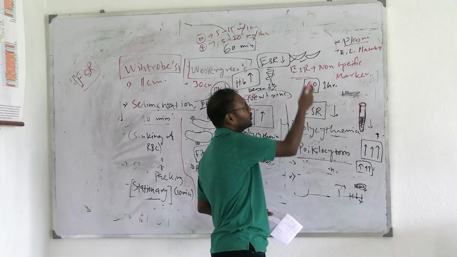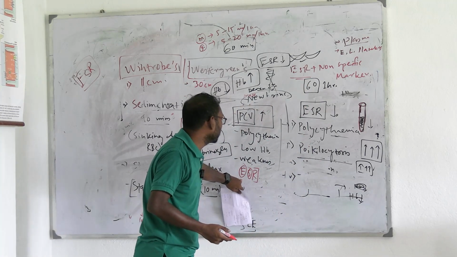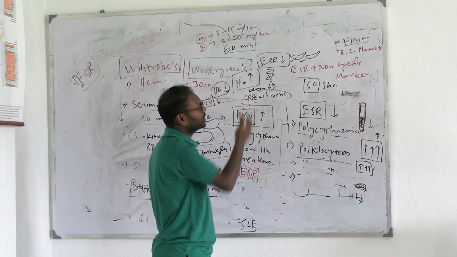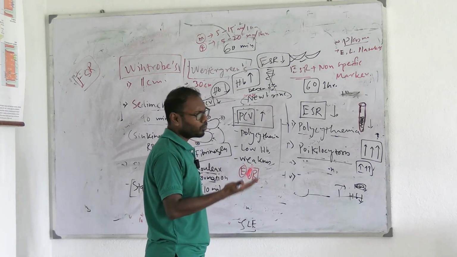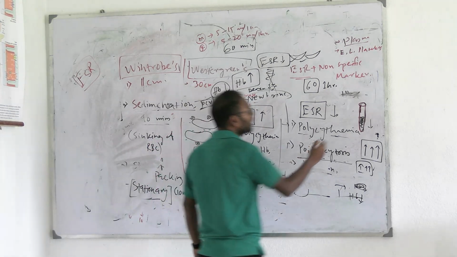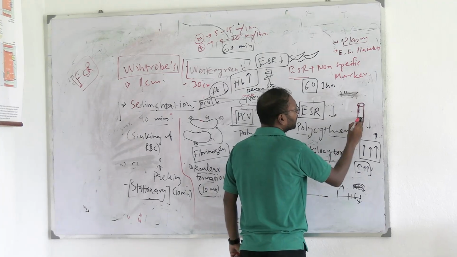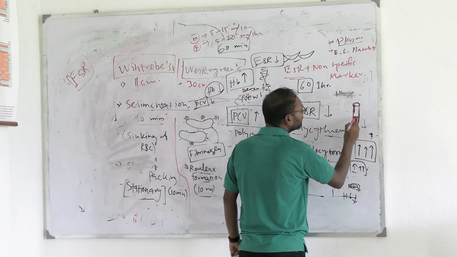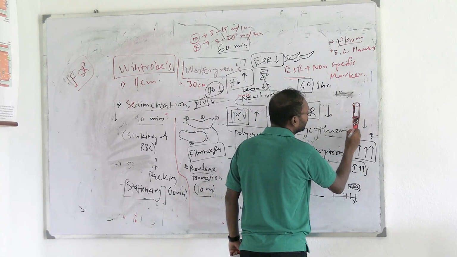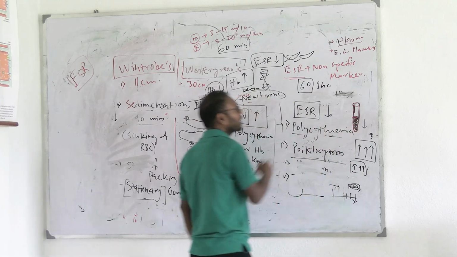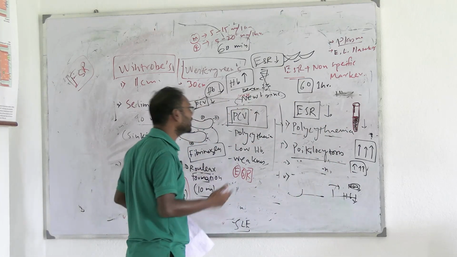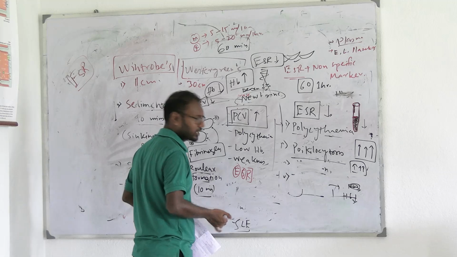So why are we talking about erythrocyte sedimentation rate? Does that mean leukocytes and platelets don't sediment? No. So first we talk about how sedimentation happens, then we will talk about why it is called erythrocyte sedimentation rate.